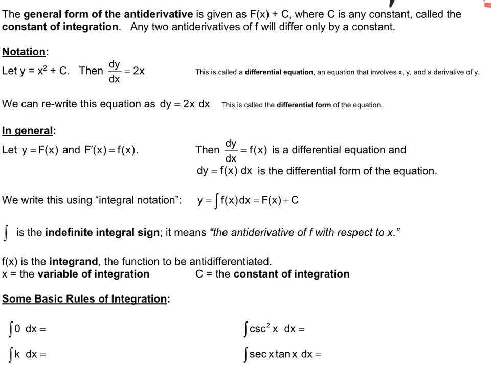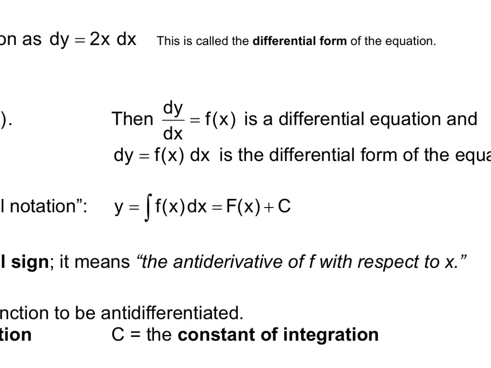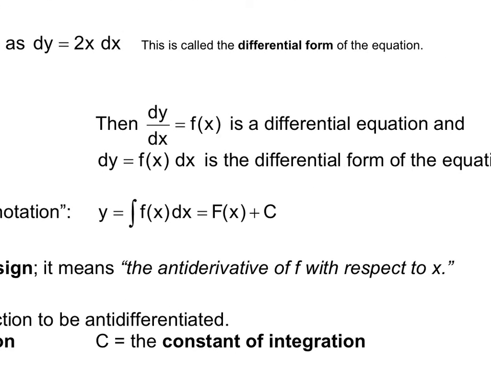All right. What it's telling us, if we're just looking at this guy right here, the funky S and the dx is telling us take the antiderivative of the thing contained between the funky S and the dx.